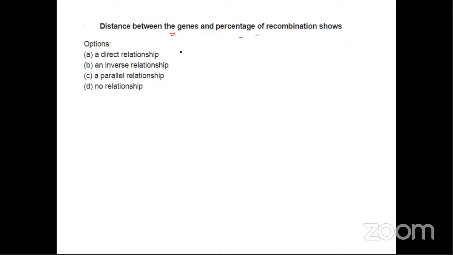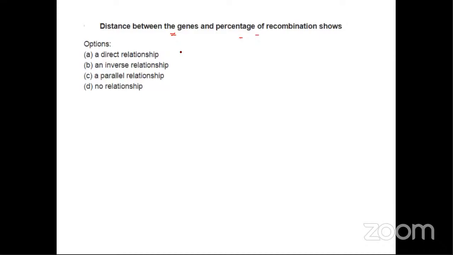Next question. Distance between the genes and the percentage of recombination shows. Chalo, this is a repeat question. Everybody should be able to answer correctly. Good, Mahek, Darshini, good. Kashish, good. मेरा फिर से वही गलती अभी explain किया था बेटा. We have discussed the same question a few slides back.